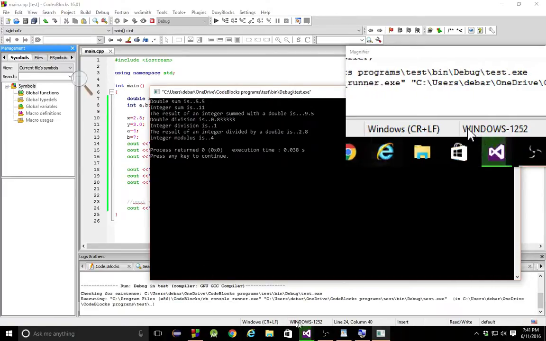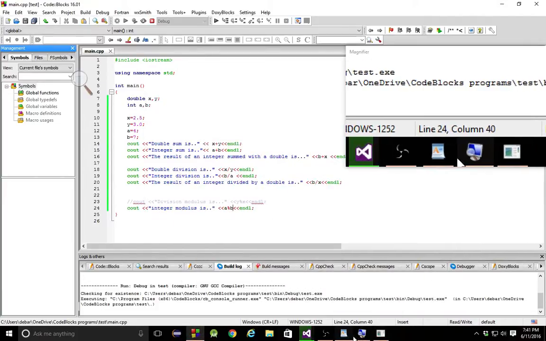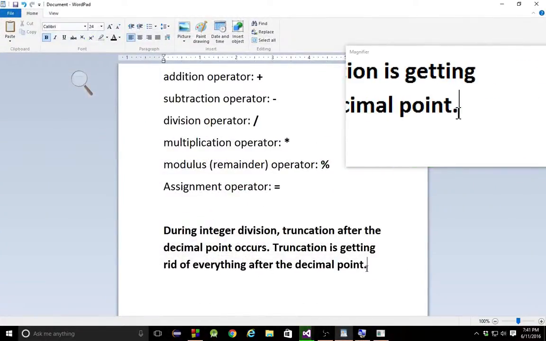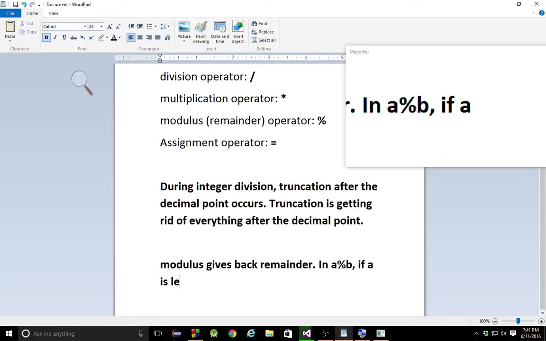Essentially, the rule is modulus gives back the remainder. In a mod b, if a is less than b, a is returned, a being a variable.